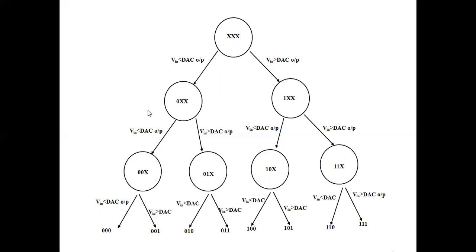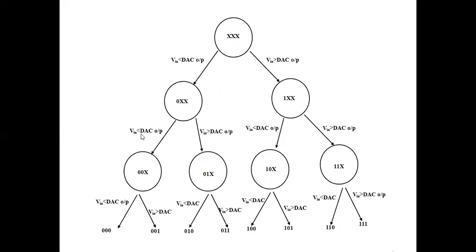Here also, in the same way, these iterations will take place. Suppose now at this clock pulse the input voltage is less than the DAC output. For the second bit, if the input voltage is greater than the DAC output, the second bit will be set to 1 and the third bit will remain as it is.